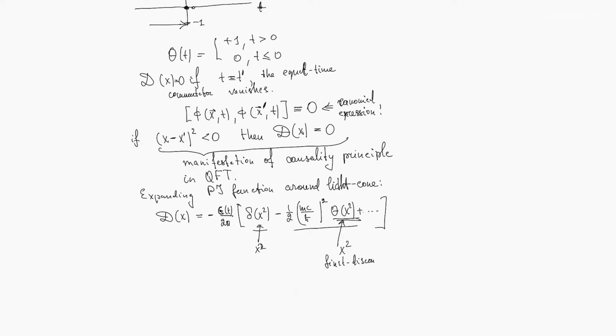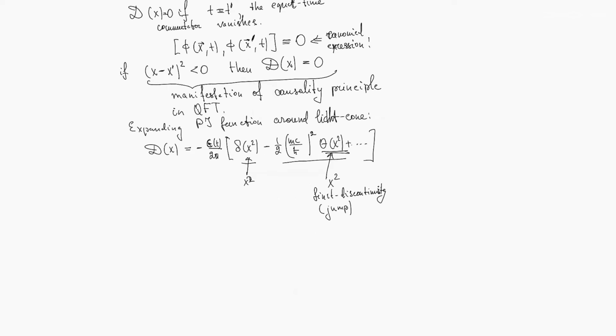This is something which you usually understand as a jump. So the function jumps because of this theta function. It's not there inside the light cone, and it's equal to 1 outside the light cone, so you have a jump. And on top of that, there is also this delta function singularity in delta of x.